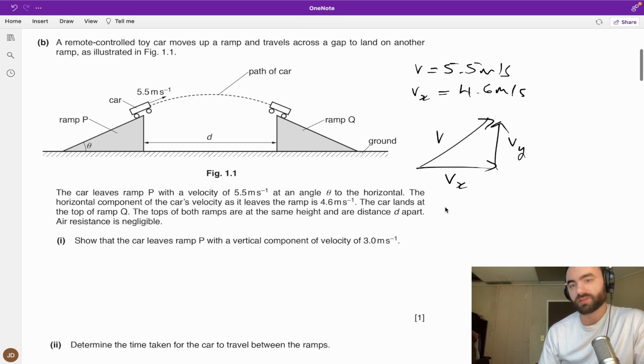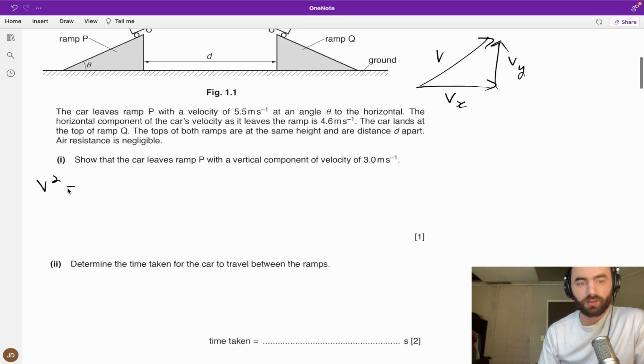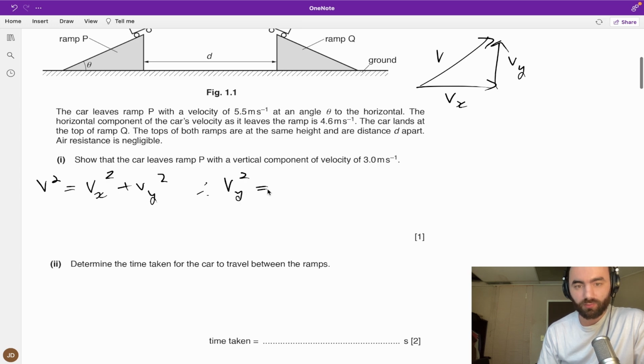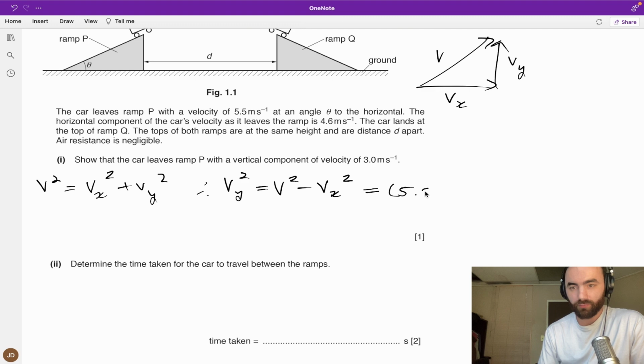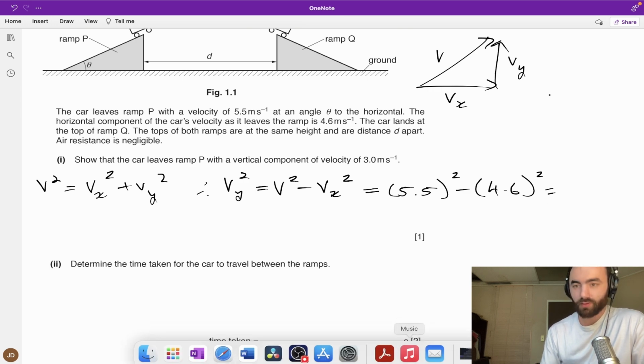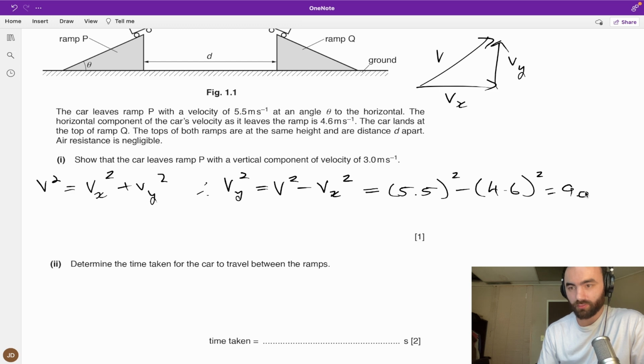You can find this through trigonometry, because v squared equals vx squared plus vy squared. Therefore vy squared equals v squared minus vx squared. That gives us 5.5 squared minus 4.6 squared, which is 9.09.